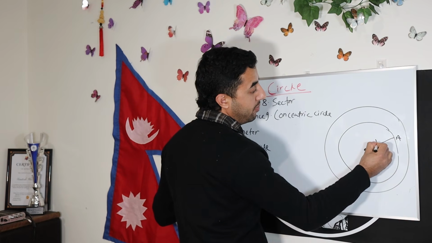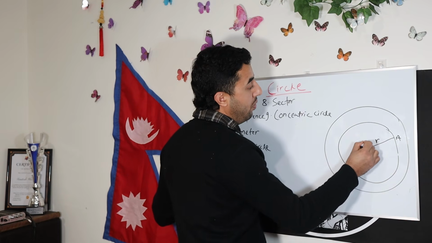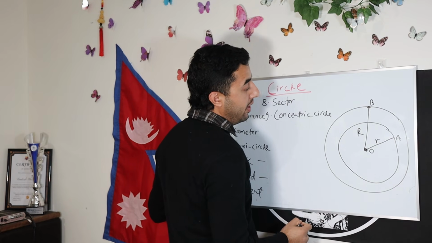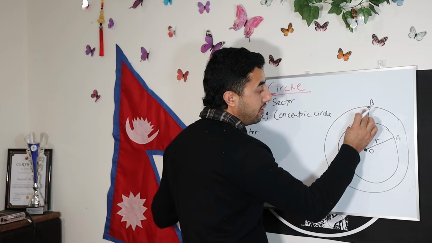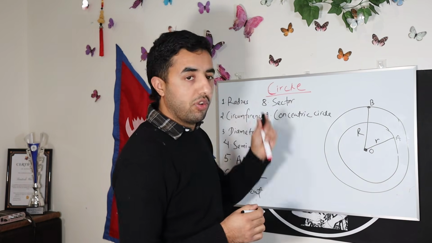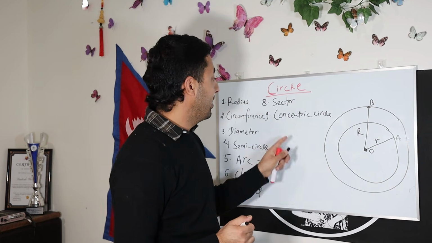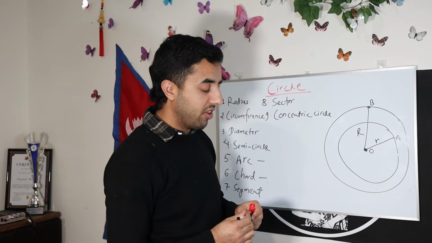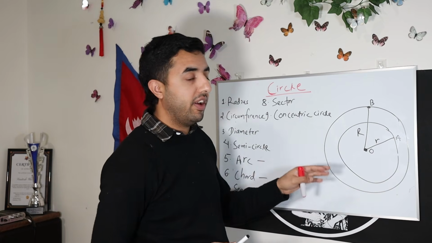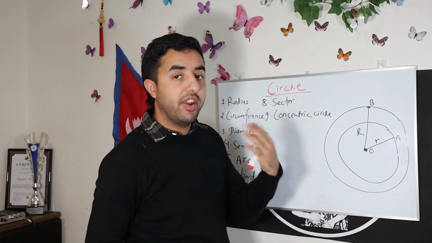OA is the radius of small circle, small r, and if OB is the radius of big circle, capital R, that means they have different radius but they have the same center. If any two or more circles we can make from the same center, that is called concentric circle, means the circles which have same center but different radius.